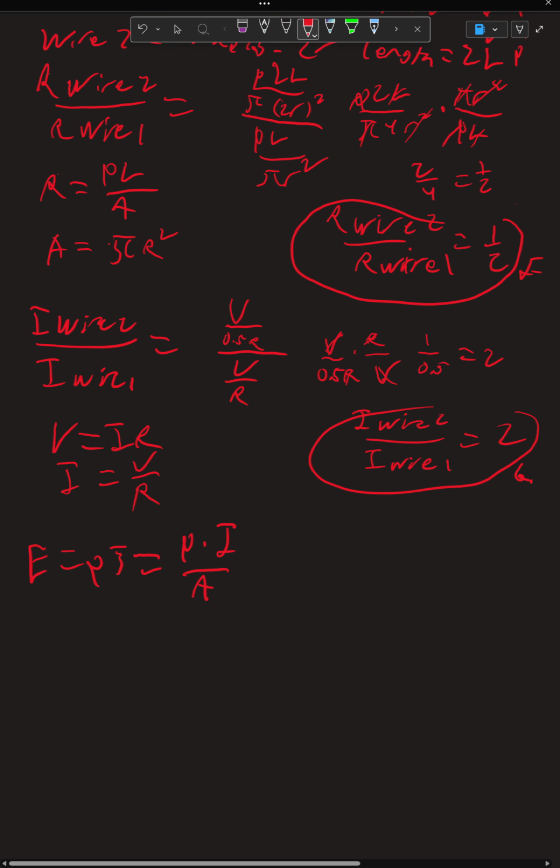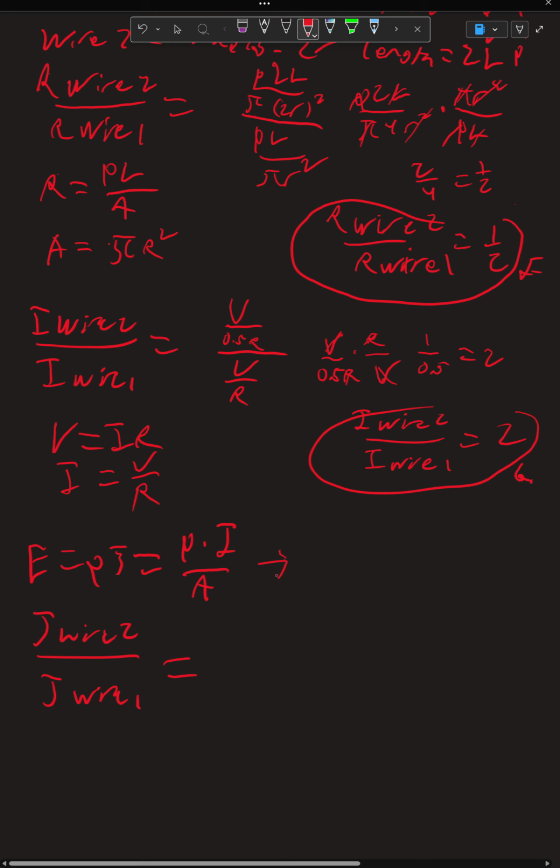So J wire 2 over J wire 1, real quick, we're finding J.